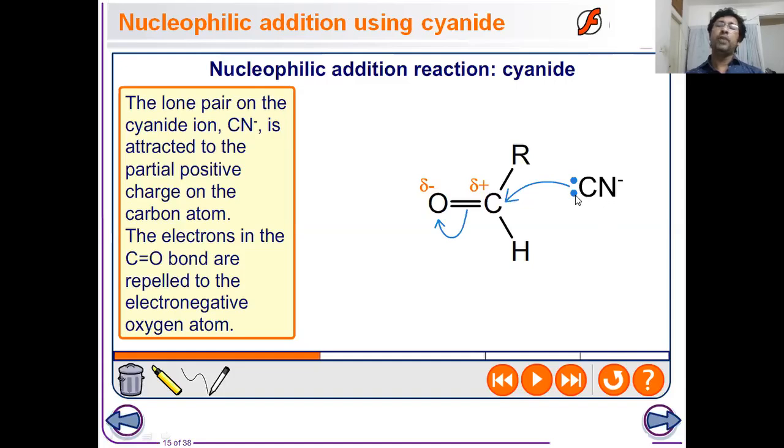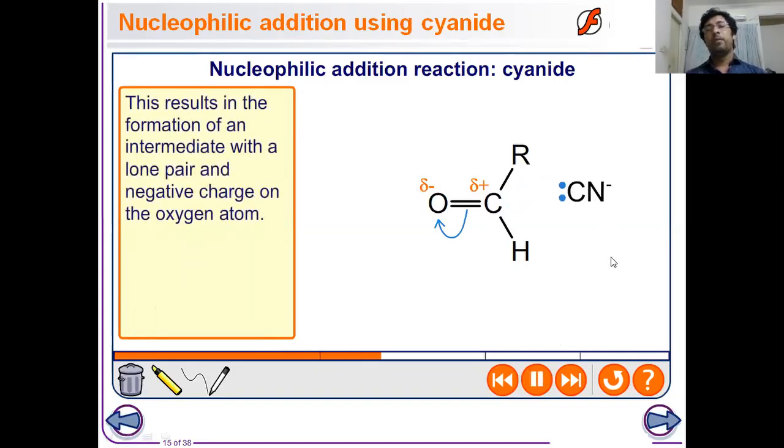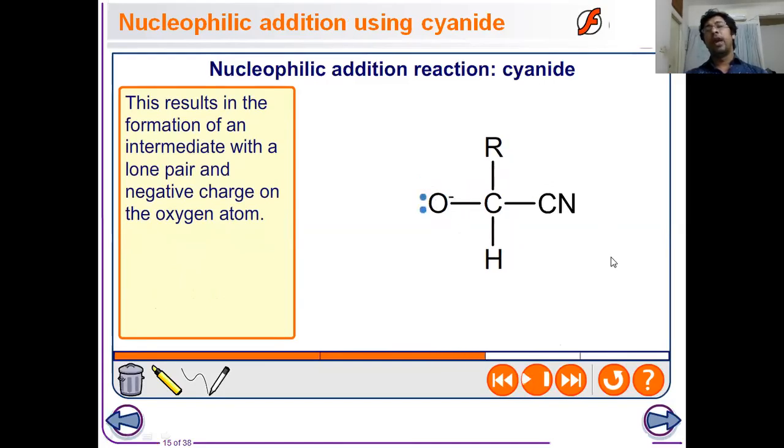It has a lone pair of electrons, so it is a nucleophile. So this C plus will be attacked by this nucleophile cyanide, and we will see a bond is formed between carbon and cyanide group. Oxygen is still negatively charged as both the pi electrons have already shifted to oxygen.